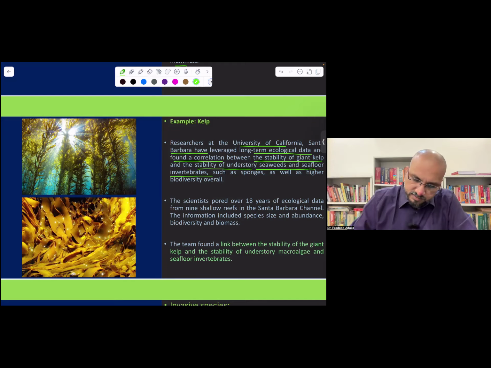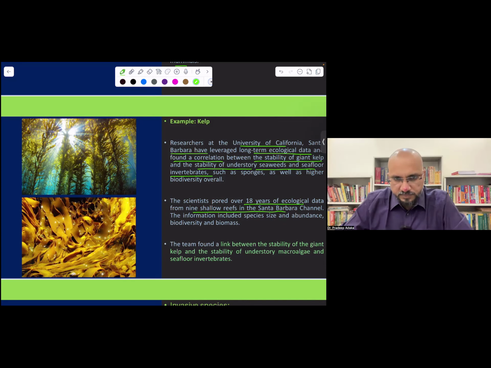So scientists, they discovered that the stability of the kelp also influenced stability of understory seaweeds and also invertebrates and other species. So if kelp was undisturbed and it was healthy, it also supported other species. So scientists, they collected the data of 18 years, okay, ecological data of 18 years from 9 shallow reefs in the Santa Barbara Channel.